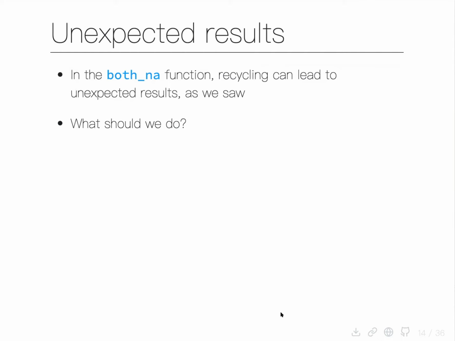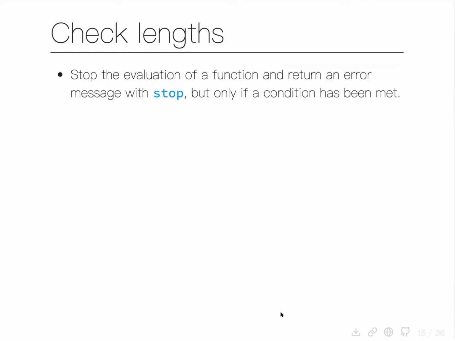So what do we do? Well, one thing we could do is before actually doing that operation, we could check to see if they are the same length. If they're not, we could return an error. Okay? In R, when you're writing functions, you use stop to throw an error.